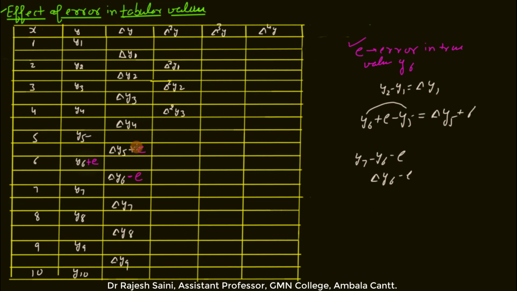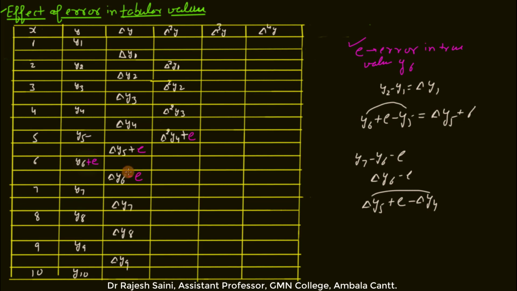Now look over here. This will be delta y5 plus e minus delta y4, which is delta square y4 plus e.